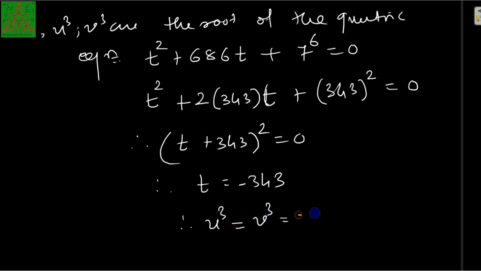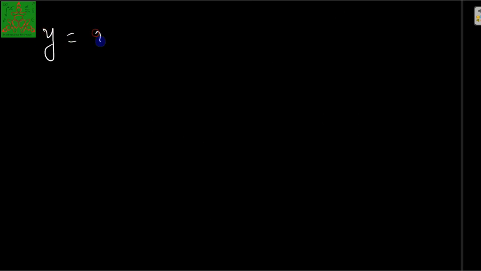That will give you u cube equal to v cube, or u equal to v, and 343 we know is 7 cube, so that is 7. So the value of u and v is minus 7, and hence we will have the value of y, which is u plus v, which is minus 7 minus 7, which gives you minus 14.